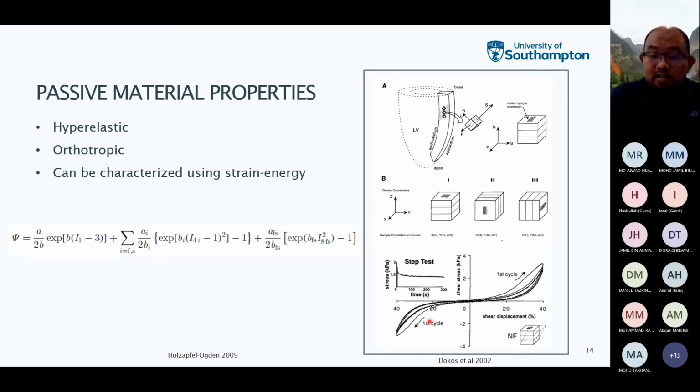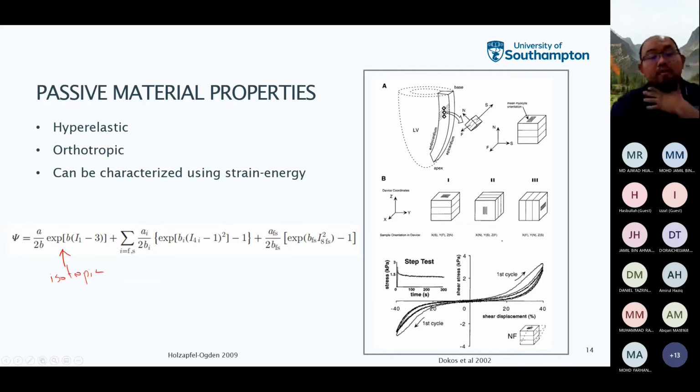And as we can see here, this is the result. You can see there's some hysteresis. Afterwards, this data is fitted into some material model. In this case, what I've been using in the past is what we call a hyperelastic material, and it is orthotropic, meaning you have three different properties in three different orthogonal directions. This model also covers the isotropic characteristic of the heart.